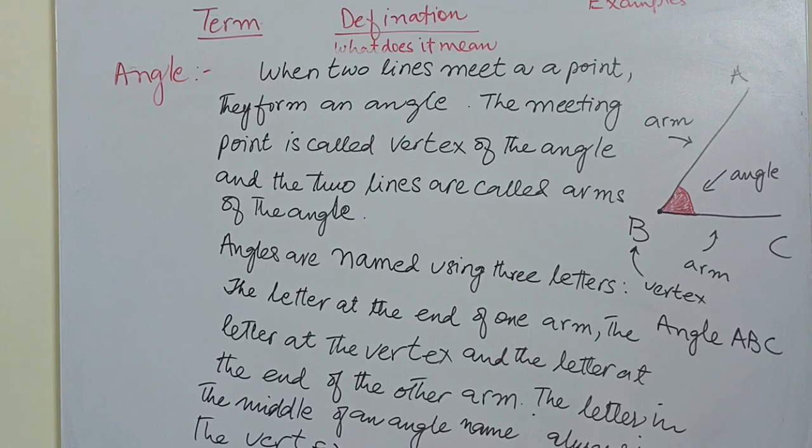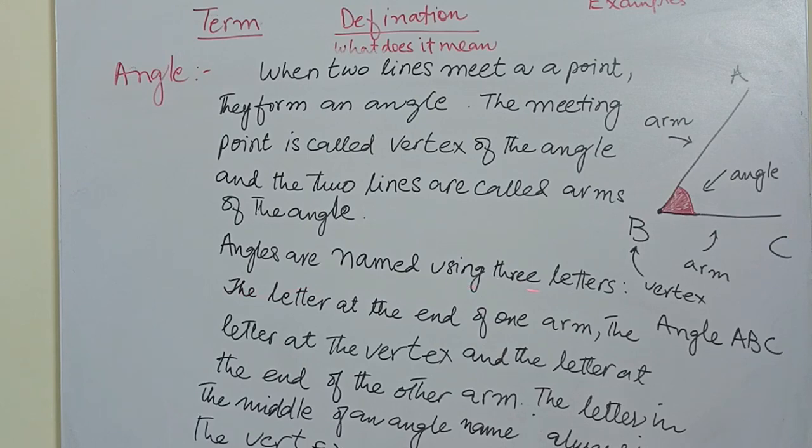The meeting point is called the vertex. This point, denoted by B, is called the vertex, and the two lines are called the arms of the angle, just like the arms of a watch.